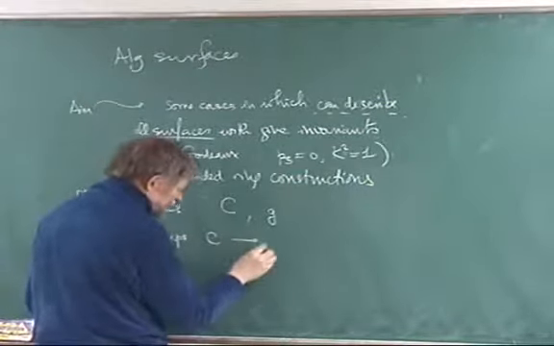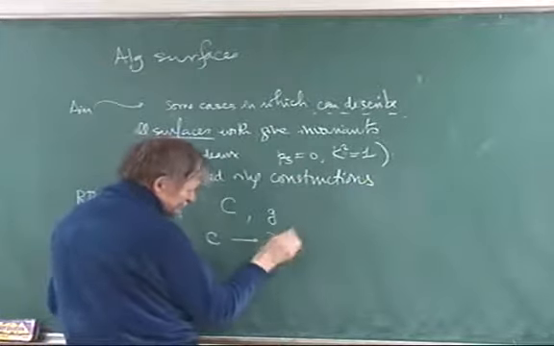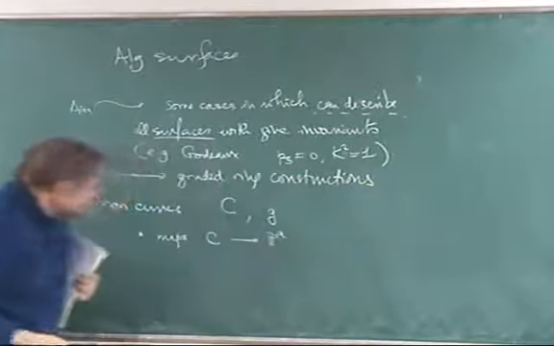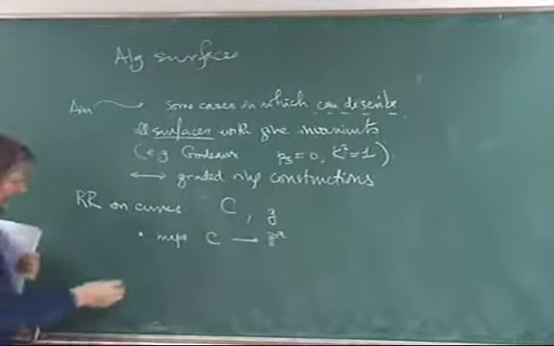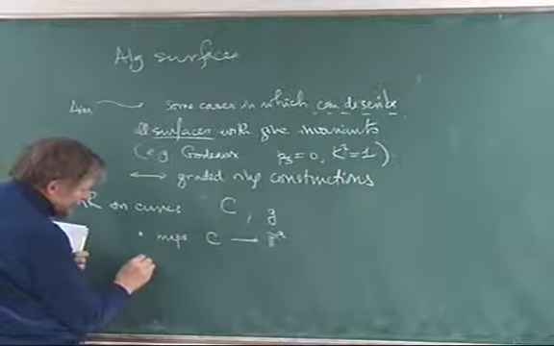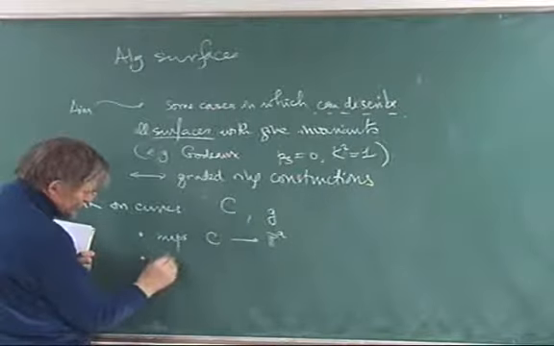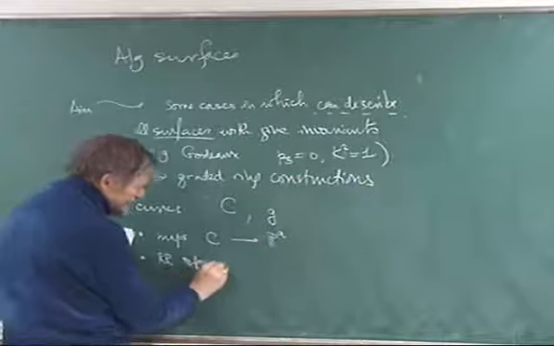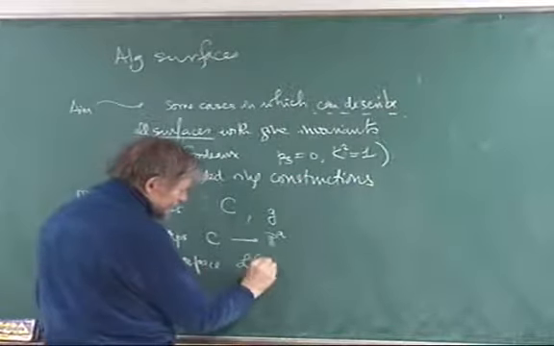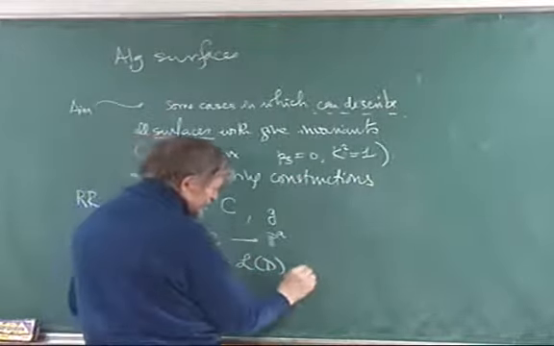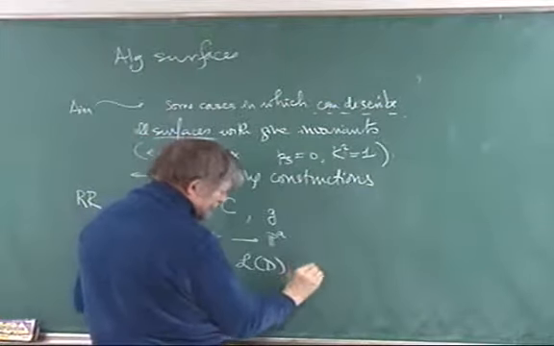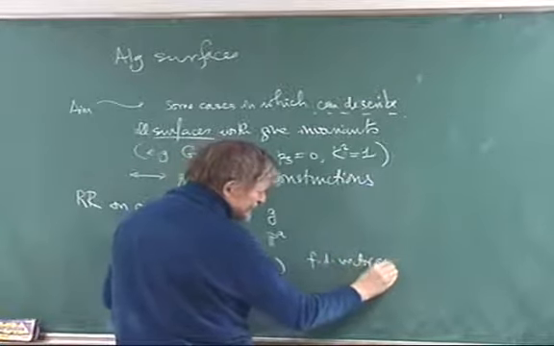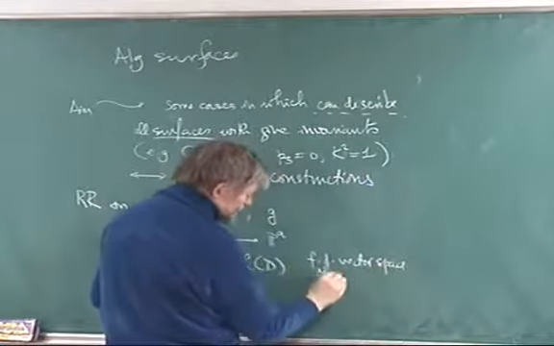Let me just write maps to P^n. Right? Or we can talk about space of functions. So this Riemann-Roch space L(D). So this is a finite dimensional vector space of rational functions.